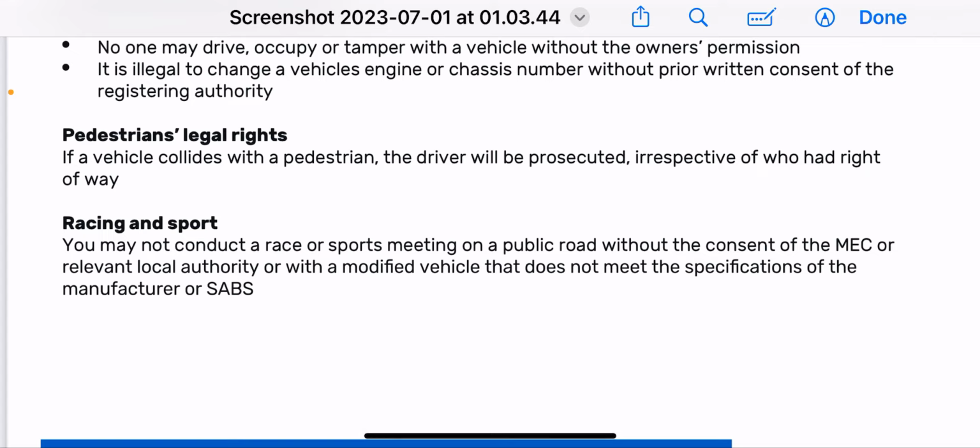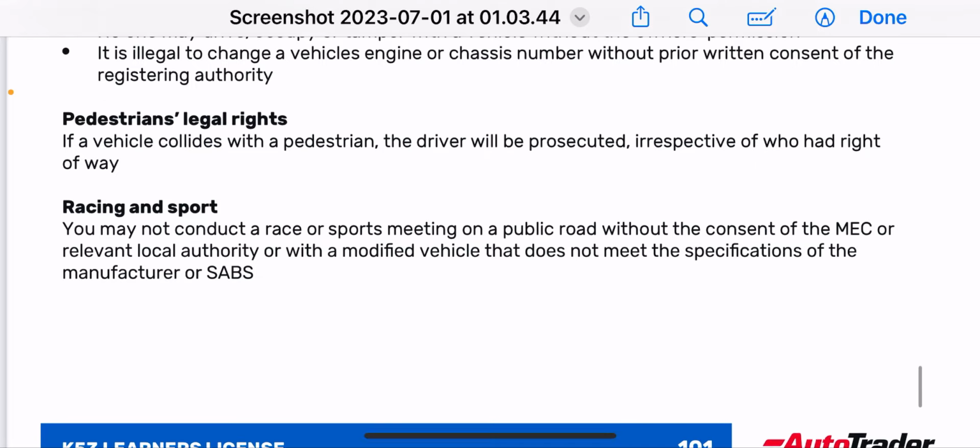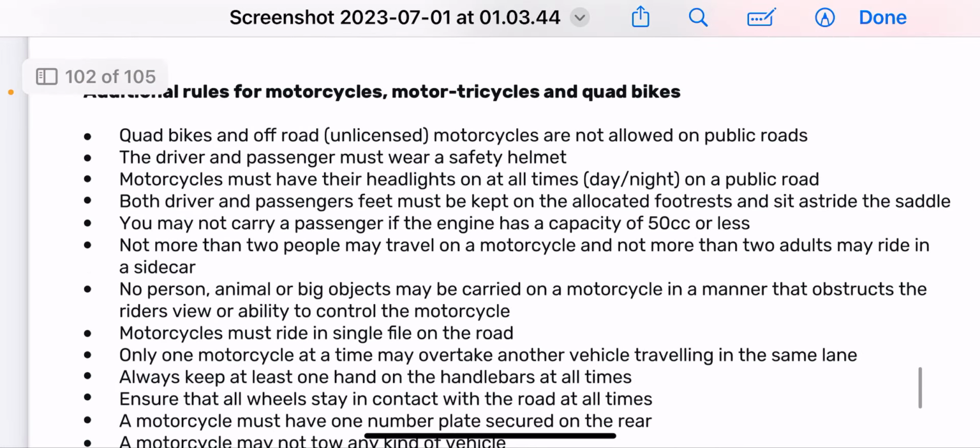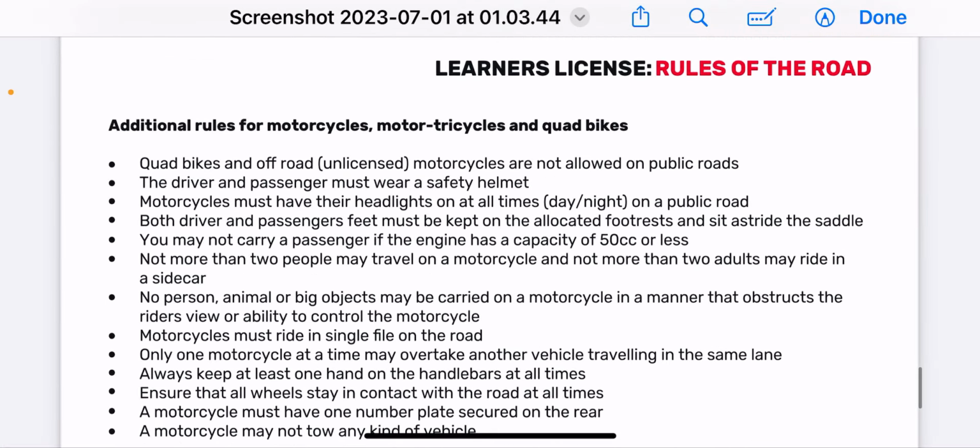You may not conduct a race or sports meeting on a public road without the consent of the MEC or relevant local authority, or with a modified vehicle that does not meet the specification of the manufacturer or SABS.